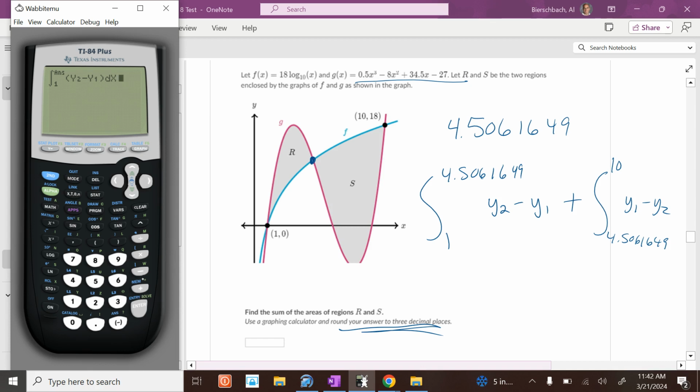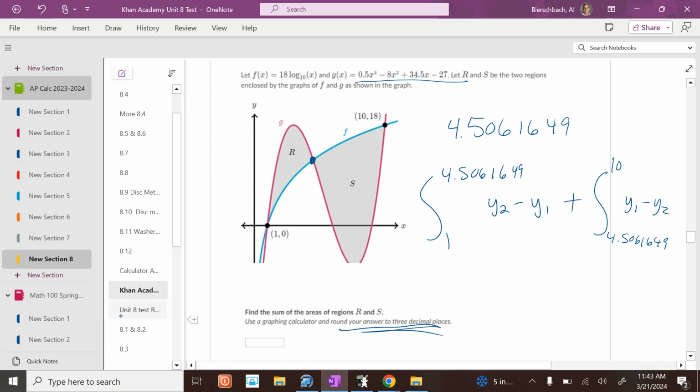And then I'm going to go plus math 9 second answer up to 10 of vars, y vars, y1 minus vars, y vars, enter, y2 dx. And 104.644.